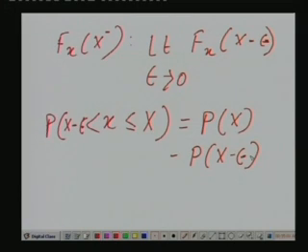This comes from the previous theorem, because this number is greater than this. Sorry, this should be f actually. Okay, and this is epsilon.